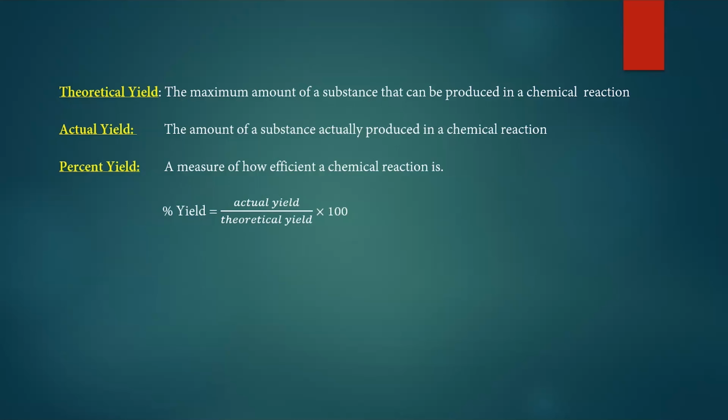So the best you can possibly get from a percent yield is 100%. If you get more than 100%, then that means you've done something wrong, because that would violate the law of conservation of mass. You can't get more out of a process than you put into the process.